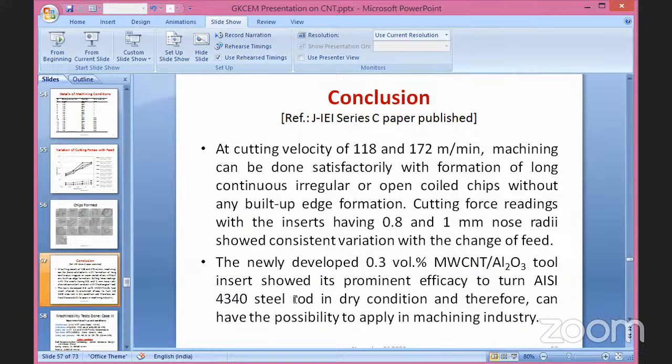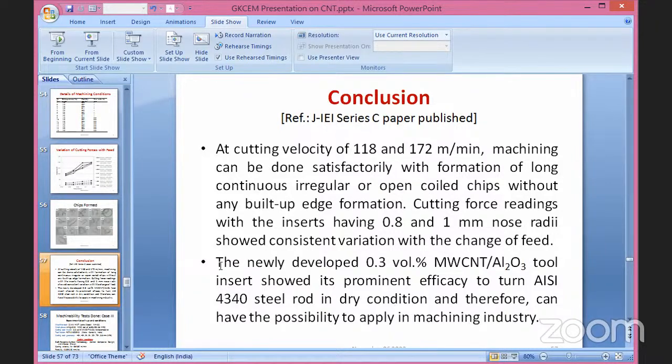So from this set of experiments, it can be concluded that at cutting velocities of 118 and 172 meters per minute, machining can be done satisfactorily with formation of long, continuous, irregular or open coiled chips without any built-up edge formation.